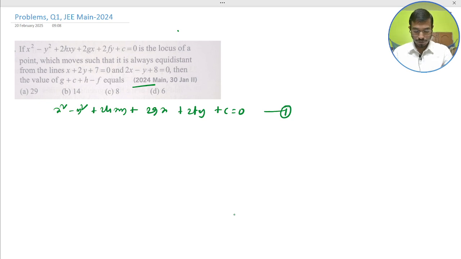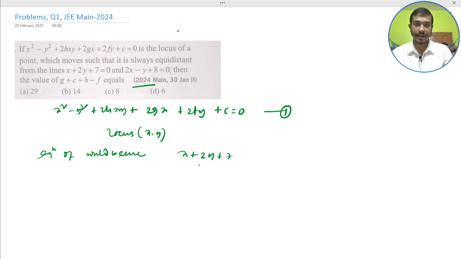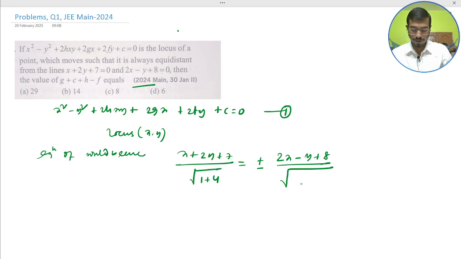So the locus of the point (x, y) which is equidistant from these two lines would become (x plus 2y plus 7) divided by the square root of the coefficients of x and y squared, equal to basically the equation of the bisector, plus minus (2x minus y plus 8) of the second line by root over 4 plus 1.